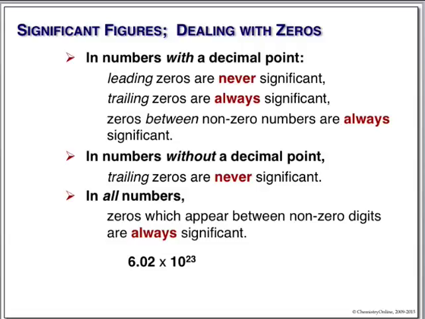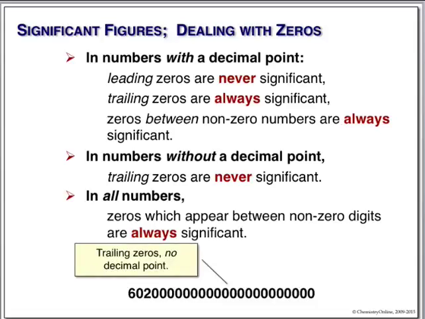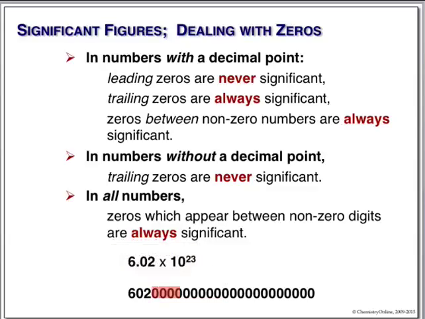Well, let's do our exercise. If we have 10 to the 23rd, that means we're going to move our decimal here over 23 places. But the decimal point is implied, it's not real. So all of these guys are trailing zeros without a decimal, and they go away. We are left with three significant figures here, and we're left with a rule.